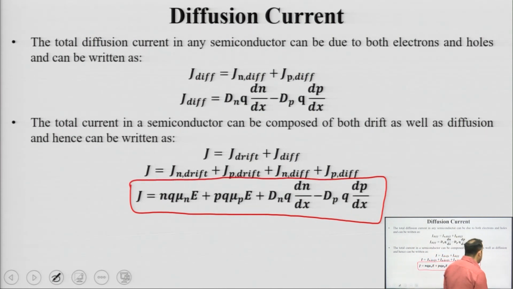It basically gives you all the individual components of current which are present inside a semiconductor. So, you have an electron drift current, hole drift current, electron diffusion current and hole diffusion current. So, both drift and diffusion because of electrons as well as holes. This is the total current density inside a semiconductor.